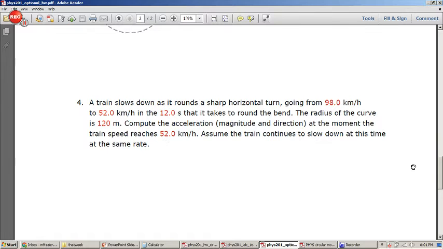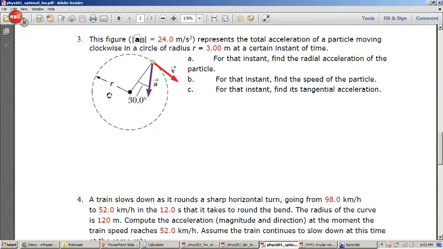When you find the direction, it's going to look like something like the picture in number 3, except the velocity is going to go in the opposite direction. The acceleration vector will be sort of behind the radius, opposite the direction. Remember in the lab, we went over when a thing is turning, speeding up, slowing down.